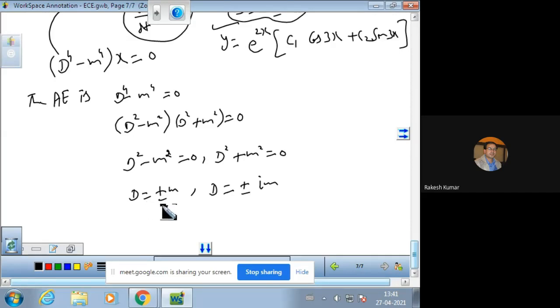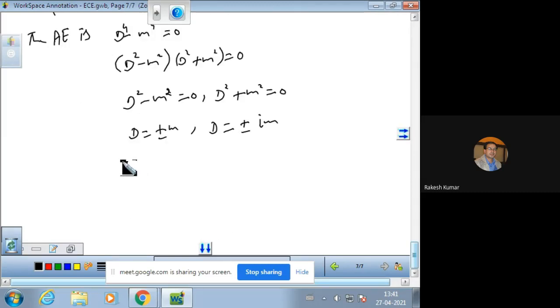Now we have 4 roots: one is plus m, one is minus m, and the other two are the imaginary roots with iota. For the imaginary roots we have already written the solution, and for the other roots also we have written the solution. These are the real roots which are different, and the solution, the dependent variable is x, and the first one will be c1 e raised to power mx plus c2 e raised to power minus mx. And these are the imaginary roots of the form 0 plus minus iota m.